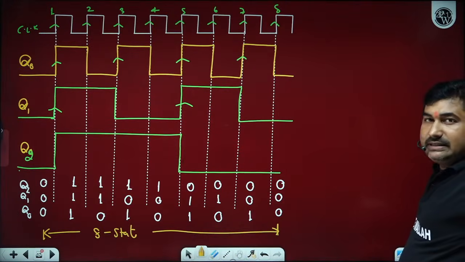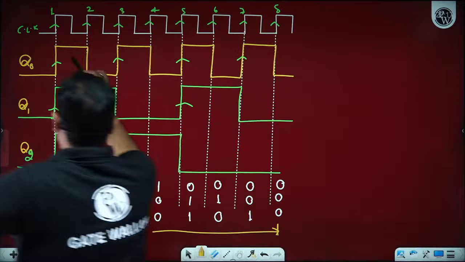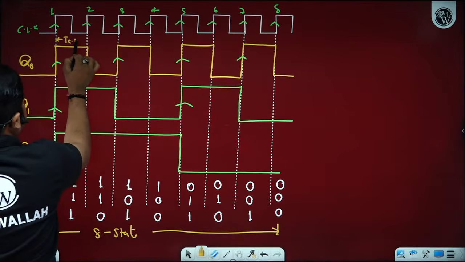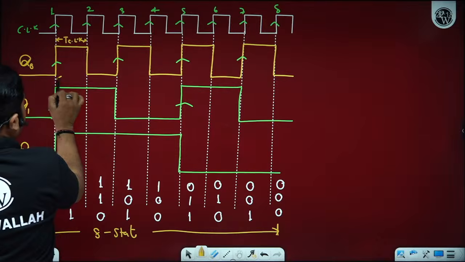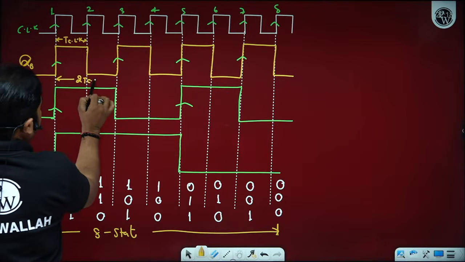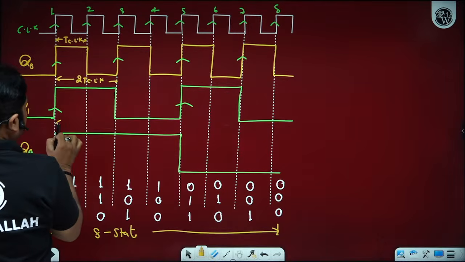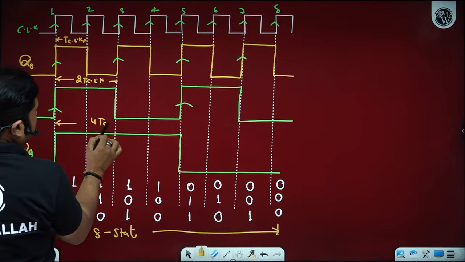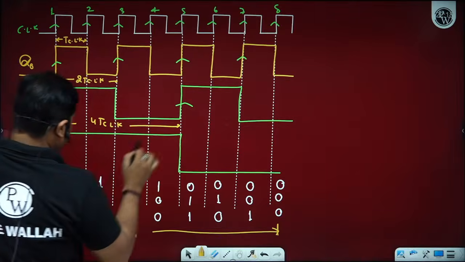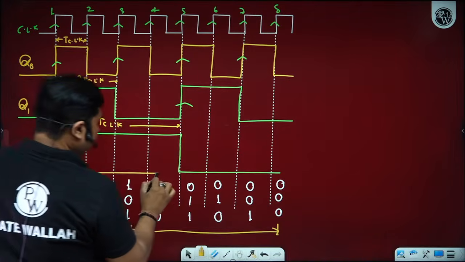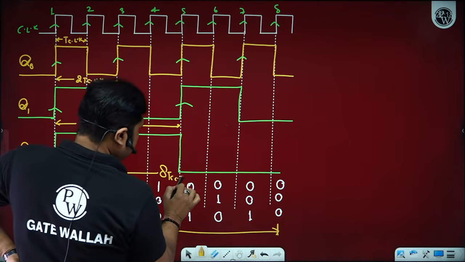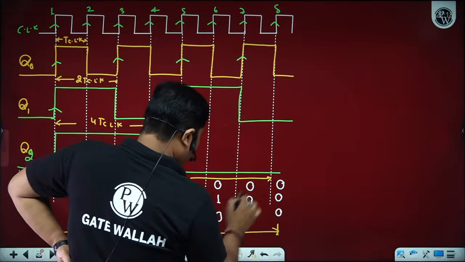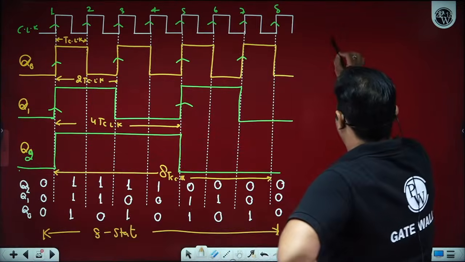If we have a clock time period TCLK, then output Q0 will have a time period 2 TCLK, Q1 will have 4 TCLK, and the output Q2 will have 8 TCLK. So now we know about the output frequencies as well.